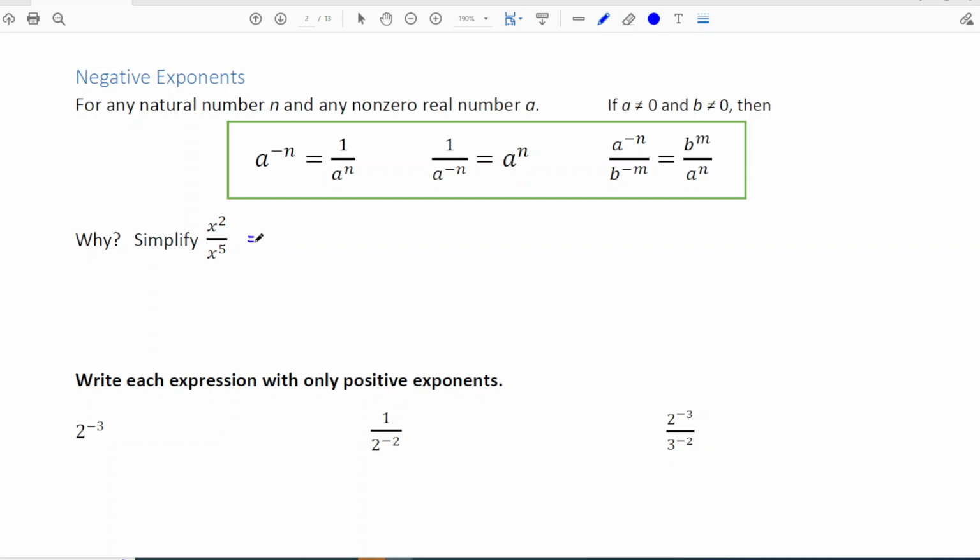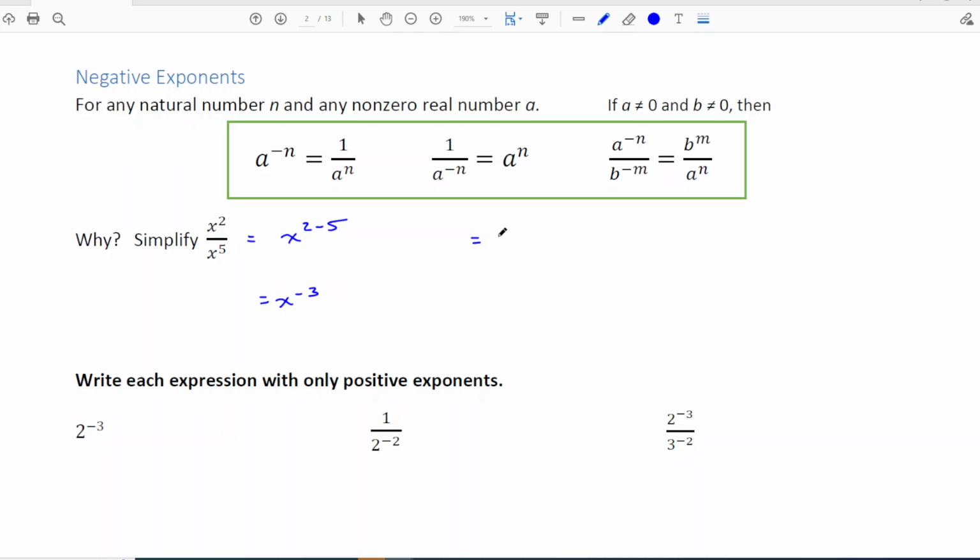The reason why is back to that example that I showed with the quotient rule. With the quotient rule, they taught you that when dividing powers of the same base, you can subtract the exponents. So 2 minus 5 would give you x to the negative 3. Well, why did I get a negative exponent this time?